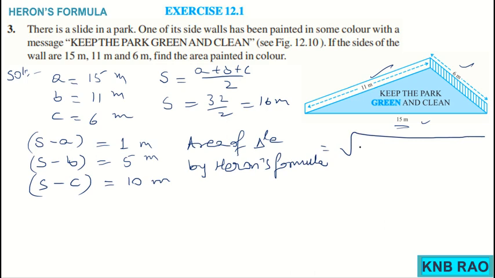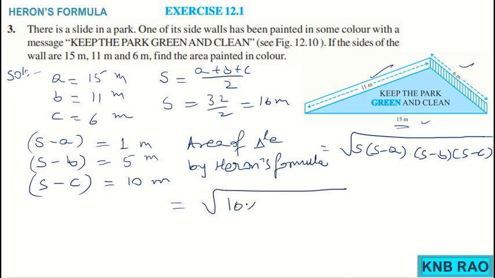Root under s into s minus a into s minus b into s minus c. By substituting, that is 16 into 1 into 5 into 10. Now root under 16 gives you 4 outside, root under 5 into 10, that is 5 into 5 into 2.